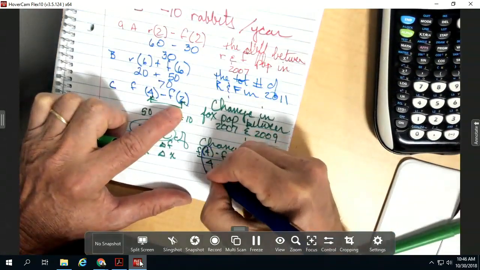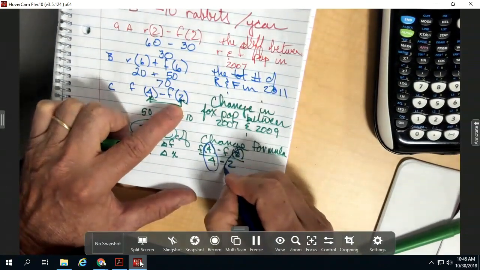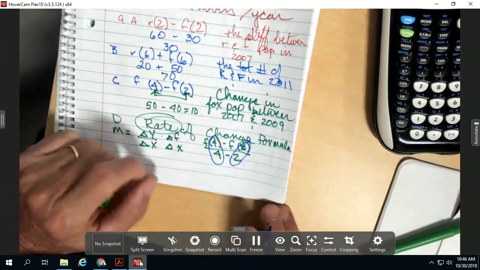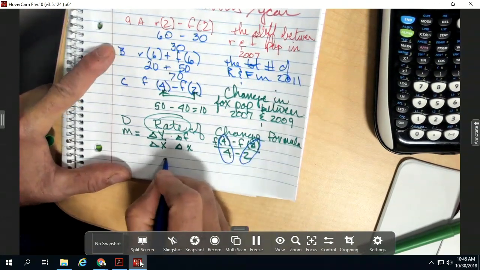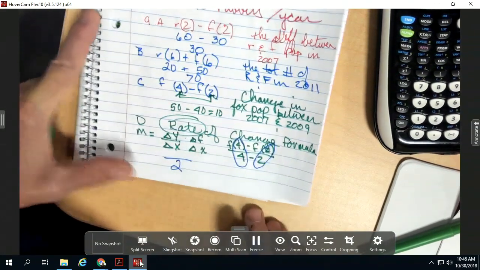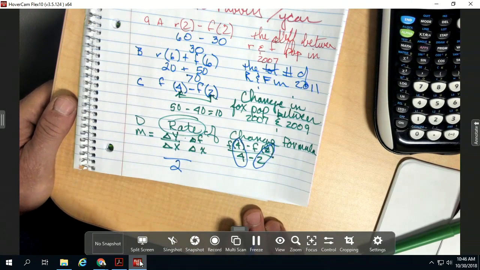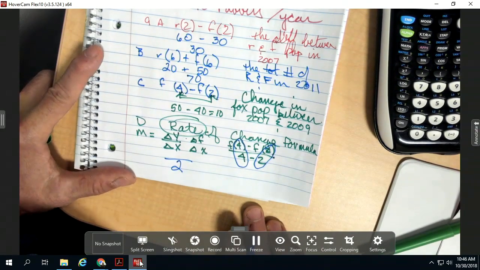Notice these two numbers match. Four minus 2 is 2, correct?